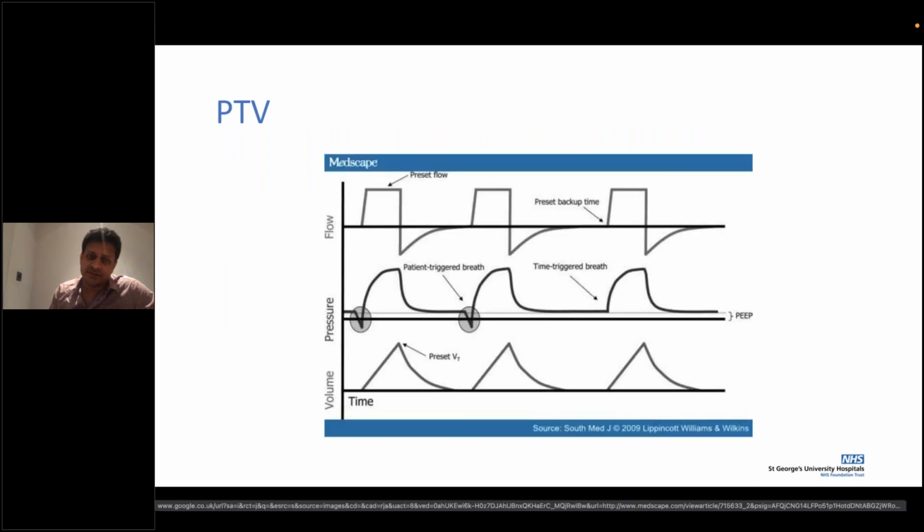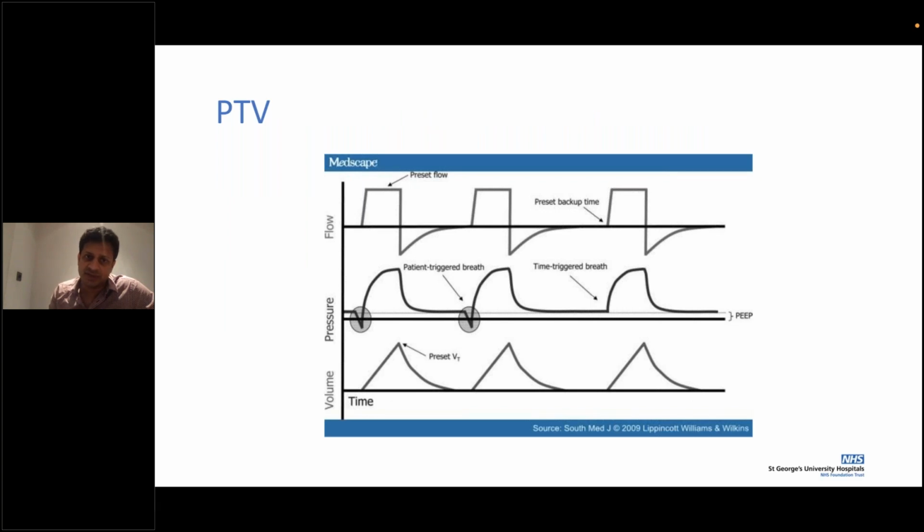If you look at this picture, the shaded portion that you're seeing in the middle, there is a trigger at those ends, and the pressure delivered, if you're looking at the volume and the pressure delivered, is trying to synchronize that effort, and the ventilator will make every effort to synchronize and support every breath taken by the baby.